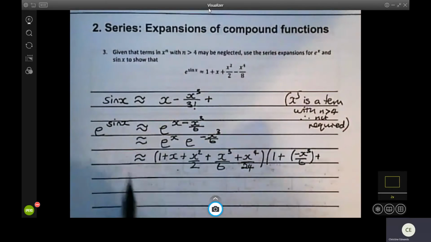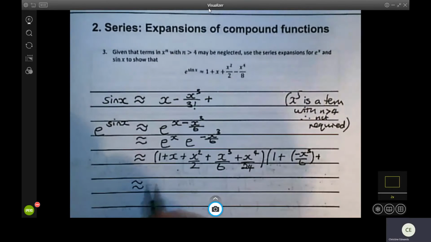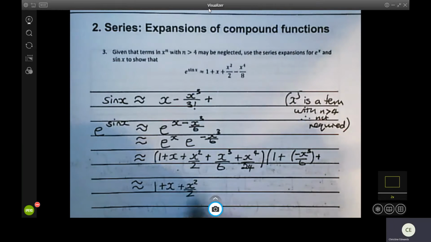I can now simplify my two brackets here by expanding. So we've got 1 times this bracket, so that's 1 plus x plus x squared over 2 plus x cubed over 6 plus x to the 4 over 24.